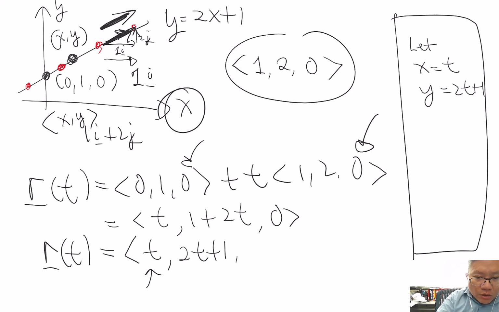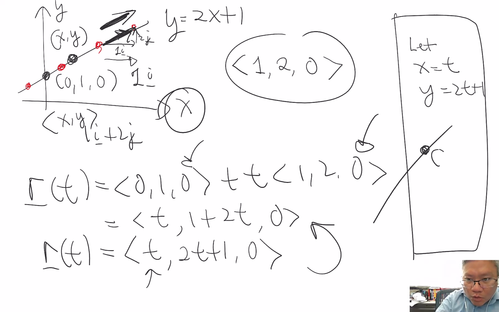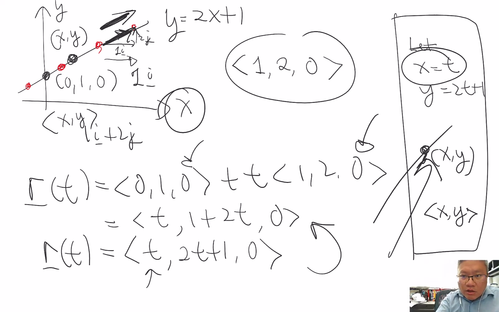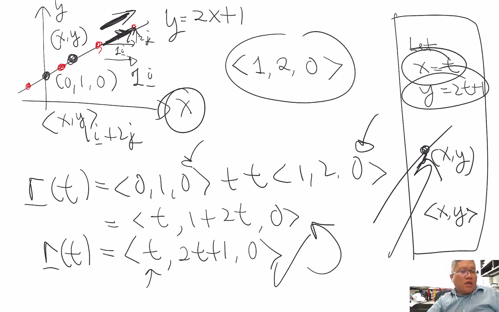No z component, and we get exactly the same answer. So that is a different way of writing the same answer. Does that make sense? Let me say that again. If you have a point here, coordinate is (x, y), we know the position vector pointing to this is xi plus yj. So I know my x is t, y is 2t plus 1. We can write it like that. Okay, so that should be easy.